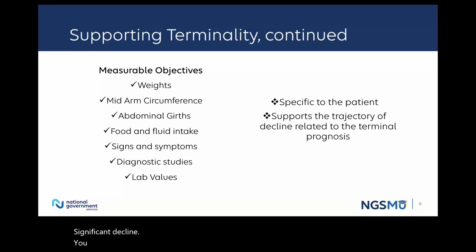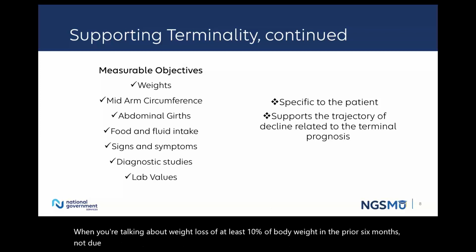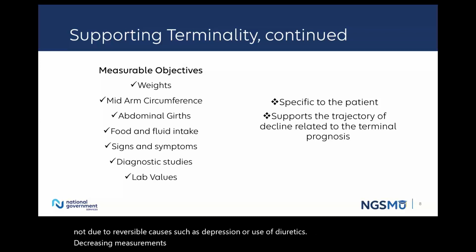when you're talking about weight loss of at least 10% of body weight in the prior 6 months, not due to reversible causes such as depression or use of diuretics. Decreasing measurements such as mid-arm circumference or abdominal girth, not due to reversible causes such as depression or use of diuretics.